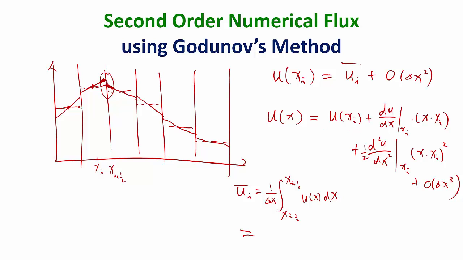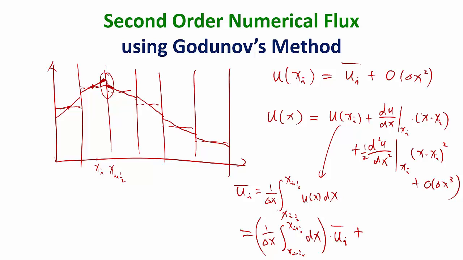The first term we get simply goes into 1 over delta x of integrating a constant dx times ui bar, because the constant can be moved out. And this is just 1.